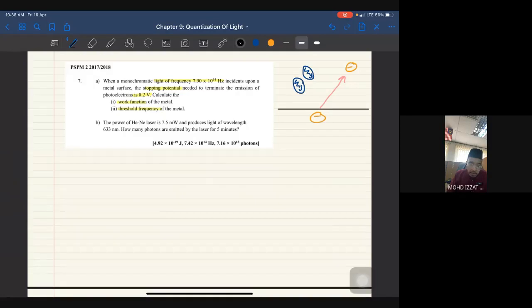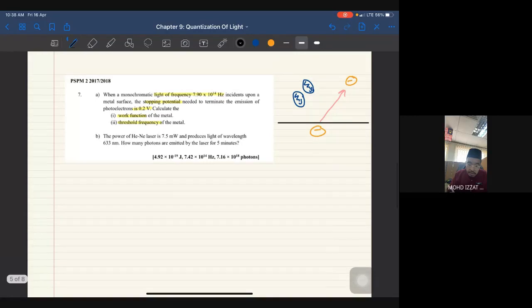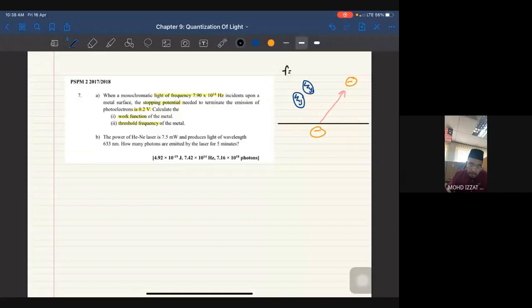That one is your frequency, but which frequency? Is it the photon or the metal? Photon, sir. Okay, good. So that one is actually your photon, 7.9 times 10 to the power of 14. If you got confused, the keyword is incident. The incident is the incoming, so that is the light's frequency. So just f, not f naught.